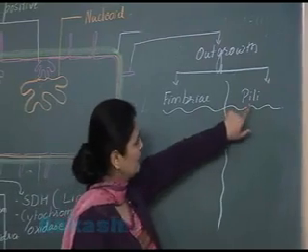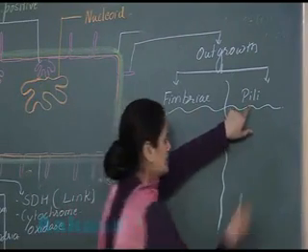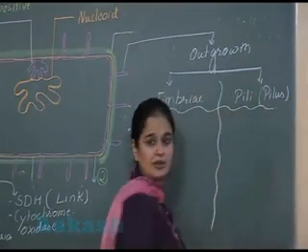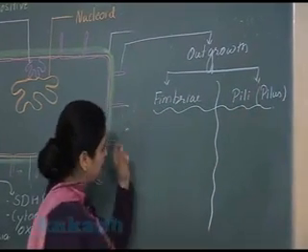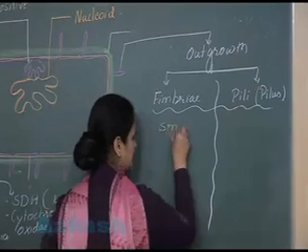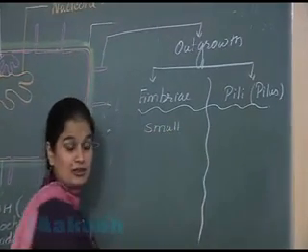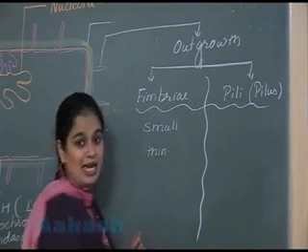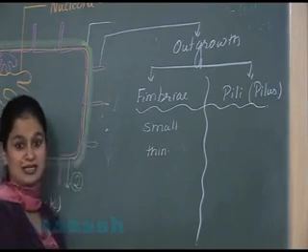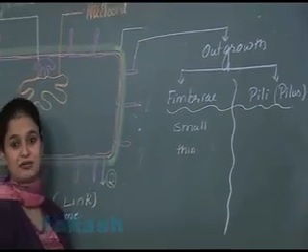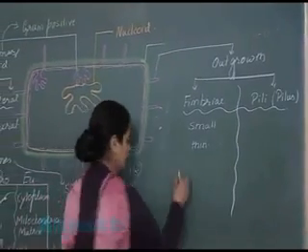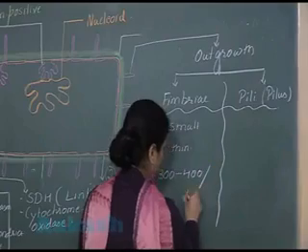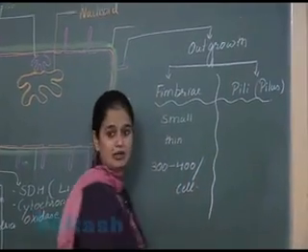The singular of pili is pilus. Right? Now the fimbriae, they are small in size, they are thin, and in a single bacterial cell, the number of fimbriae which can be present ranges from 300 to 400.